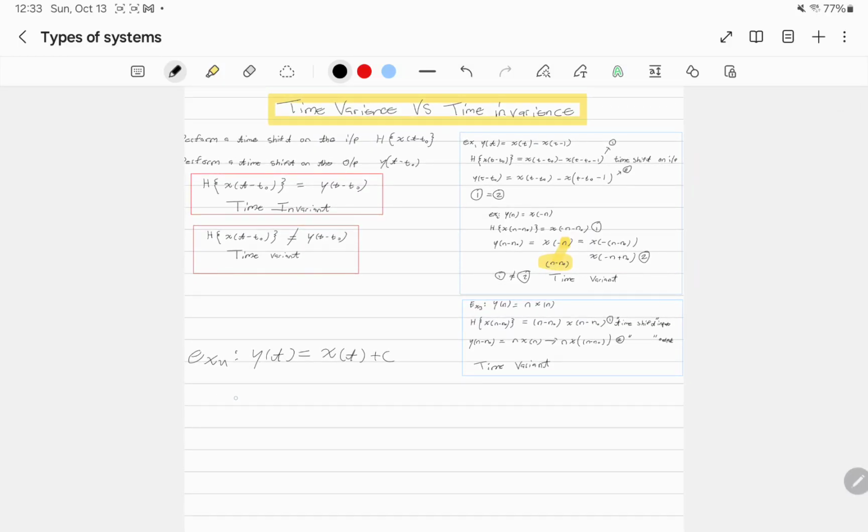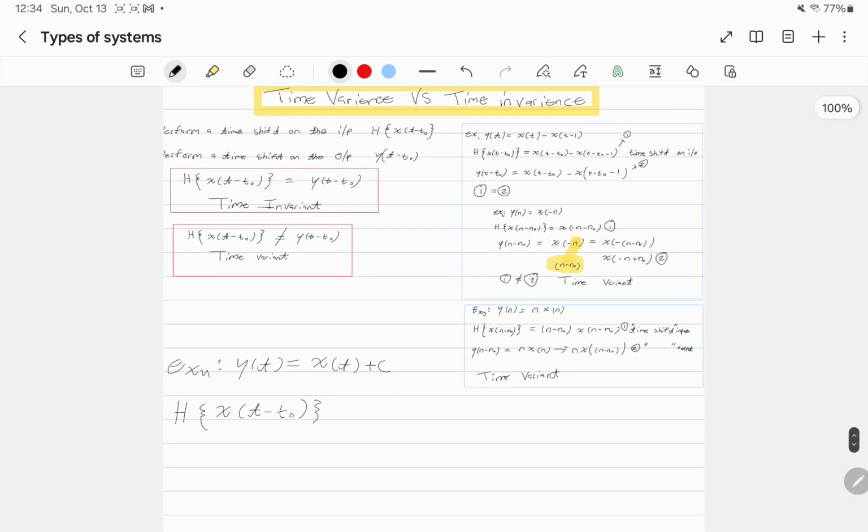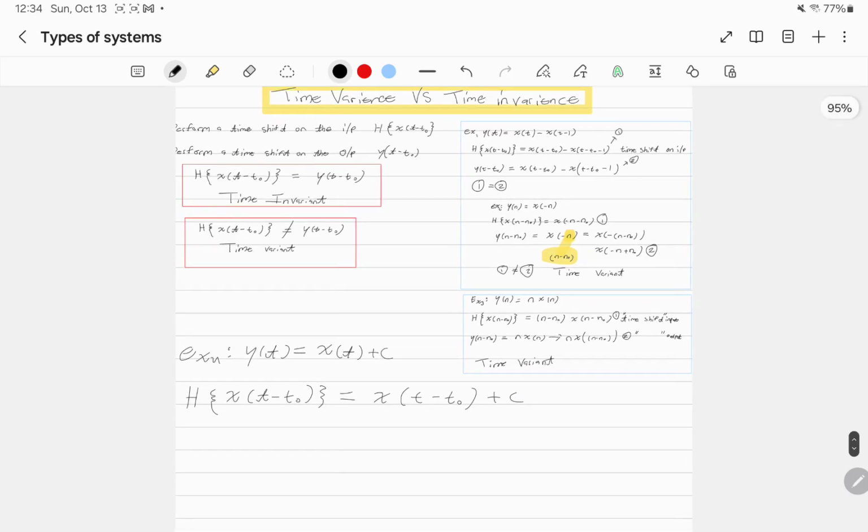Let's perform a shift on the input, which is represented by, and yeah, it's really repetitive, x of t minus t naught, and that is equal to, so anytime I see a t and just a t, I add a minus t naught to it. And then that's plus c, and that's a shift on the input.